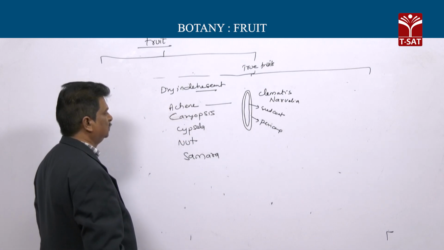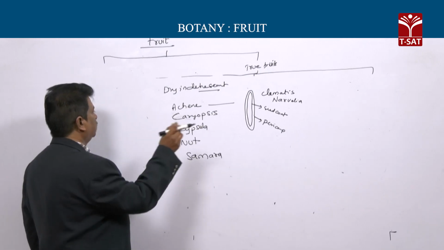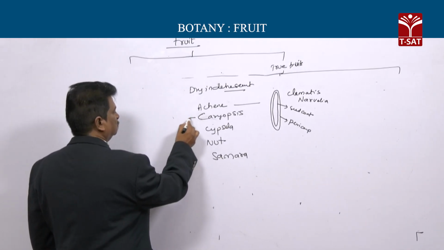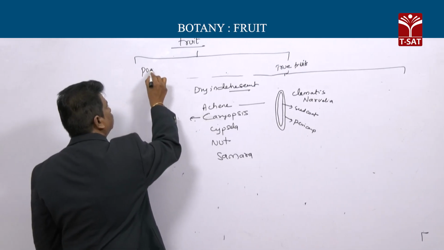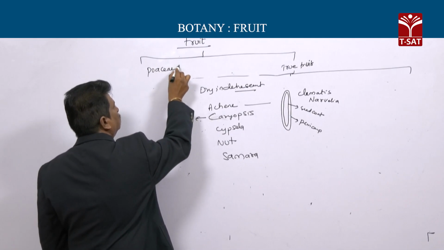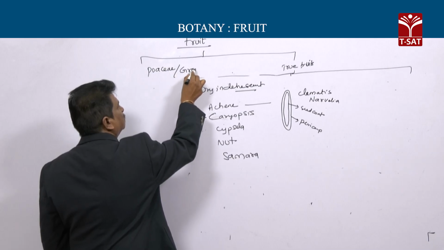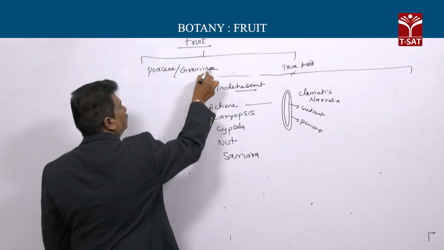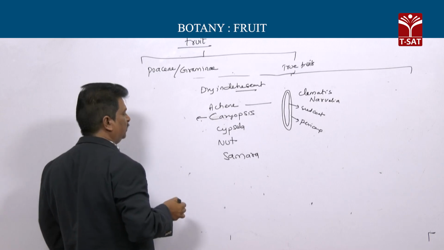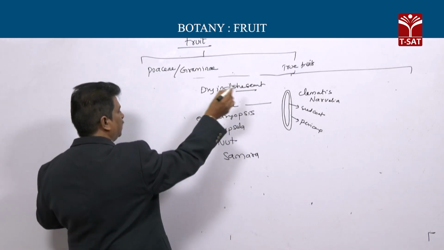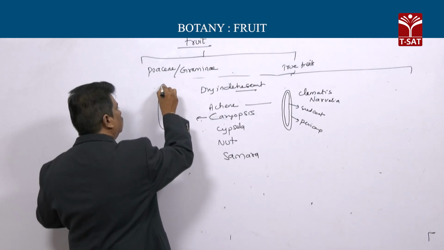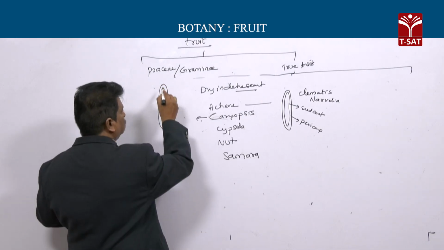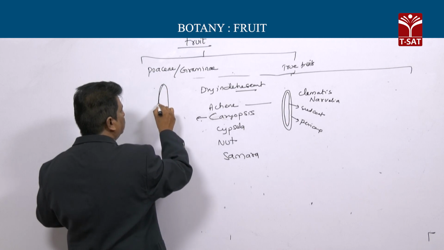Then second one, caryopsis fruit. Caryopsis fruit is characteristic fruit of Poaceae. Old name is Gramineae. And in caryopsis, fruit is developed from monocarpellary, unilocular.